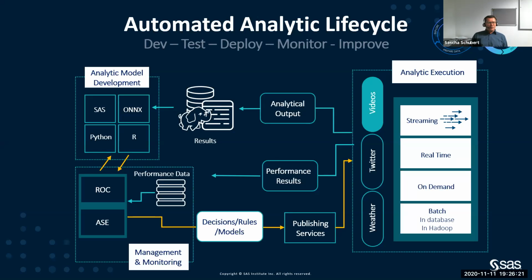Might it be graphical user interfaces, might it be coding or API interfaces, and then you can automate all these different areas of this life cycle, of this loop here, and have checkpoints at those different steps of this loop to really industrialize your analytic life cycle in your organization and make it as automated as possible, keeping in mind at the same time that you always need to be able to go into this process at any time and make sure you have the governance and you have the insight, so not something runs out of control and you're losing money because nobody knows that your model is not predicting well anymore.